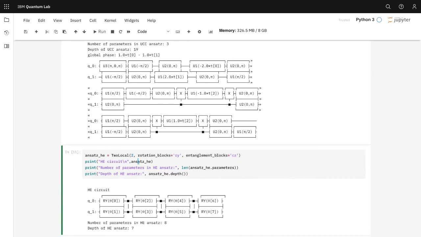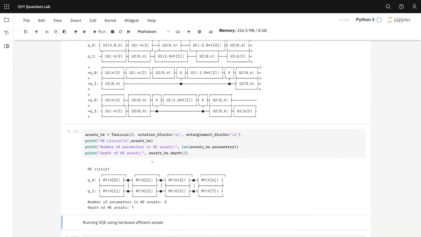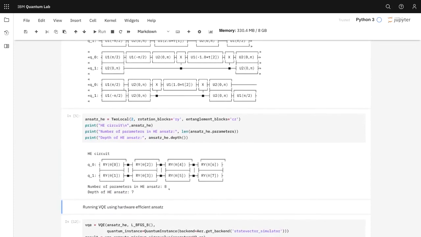And for this system, we get this circuit with 8 parameters, but with smaller depth.